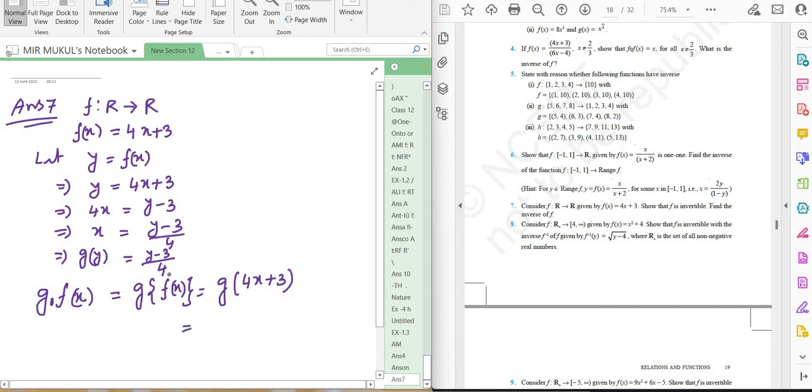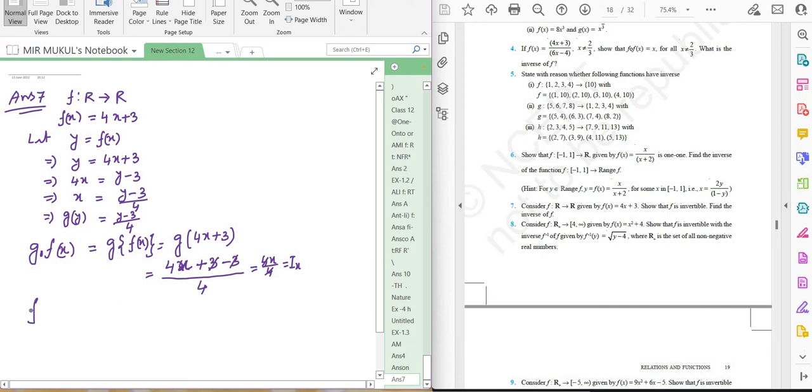In place of y, put 4x plus 3 minus 3 upon 4, and 3 and 3 cancel. So 4x upon 4 cancels. So this is ix, the identity function, that we got.